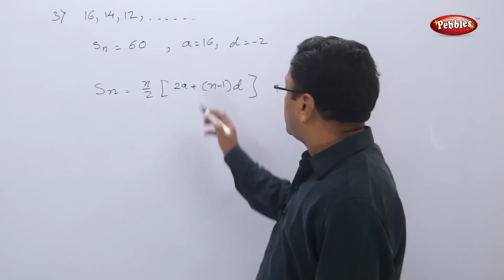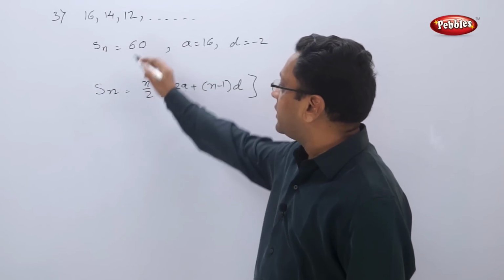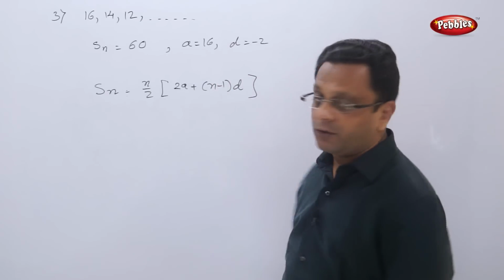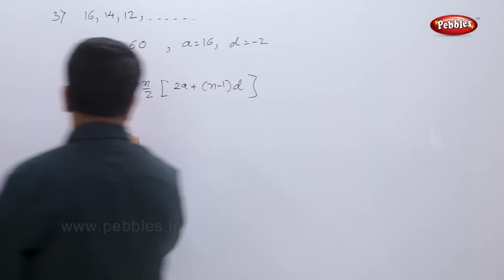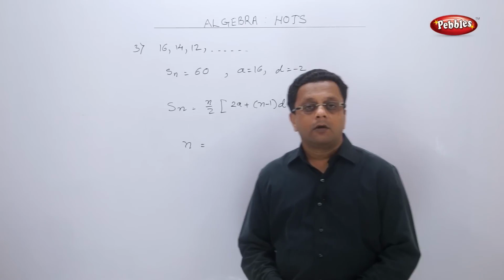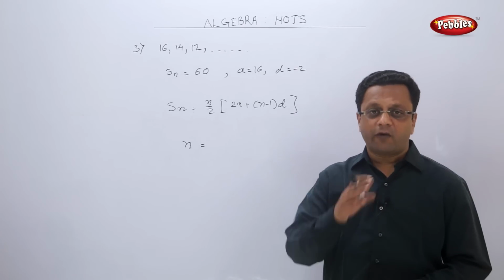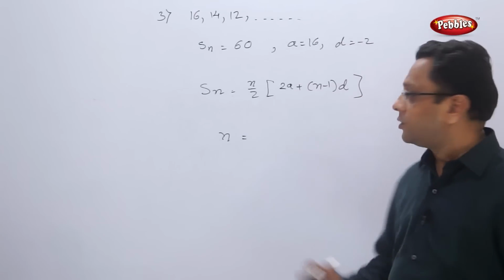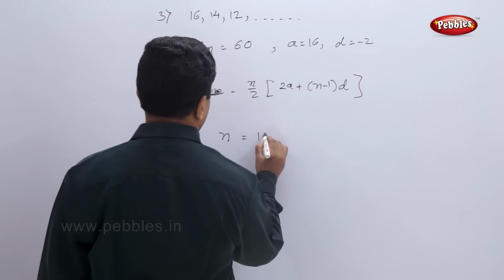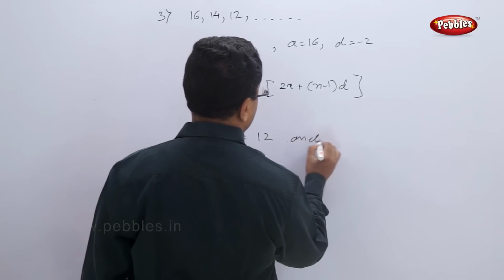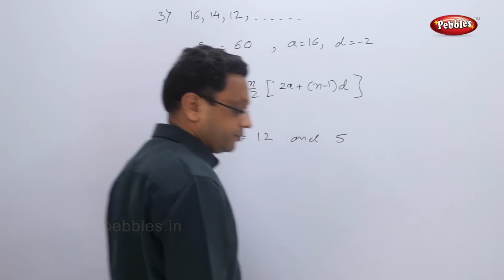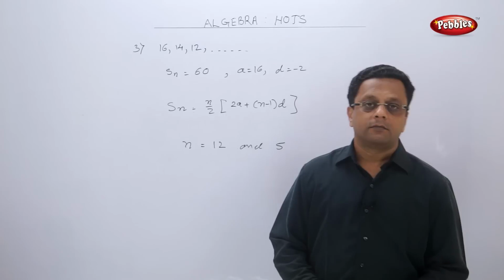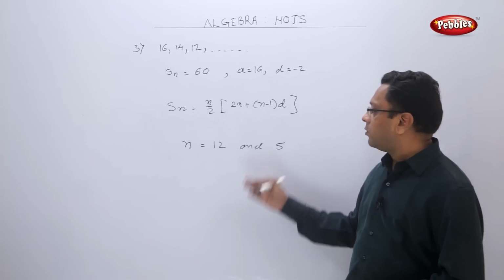Now if I substitute A, D and Sn, I will get the answer n. So now pause your video here and find the value of n. The value of n is 12 and 5. That means n is either 12 or 5.